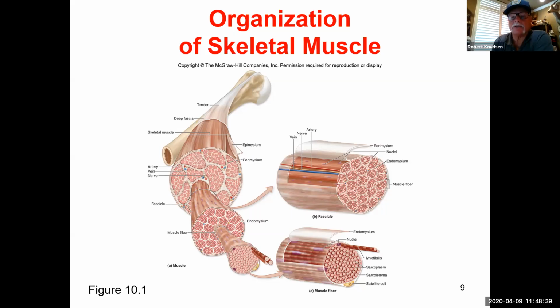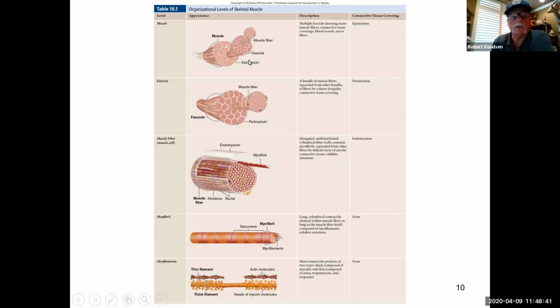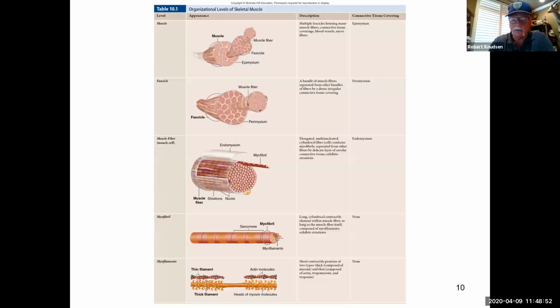Okay, and then this is kind of like a chart showing you the muscle, the fascicle, the myofiber, myofibril, and there's a myofibril. And then the myofilaments, actin and myosin. Okay, good? All right, nothing new.